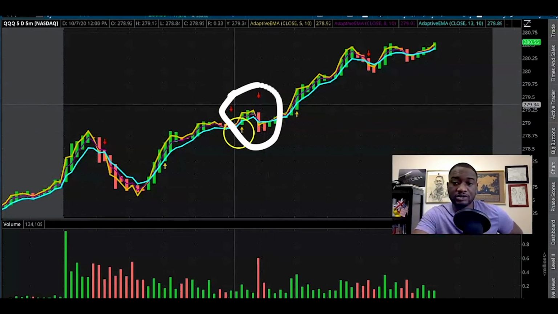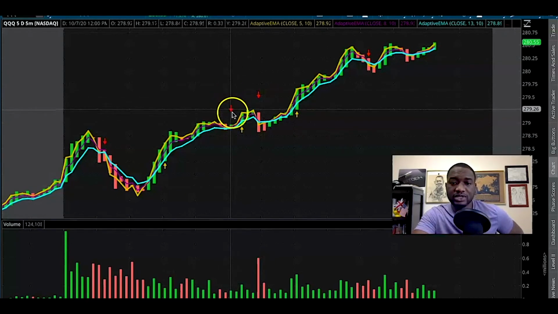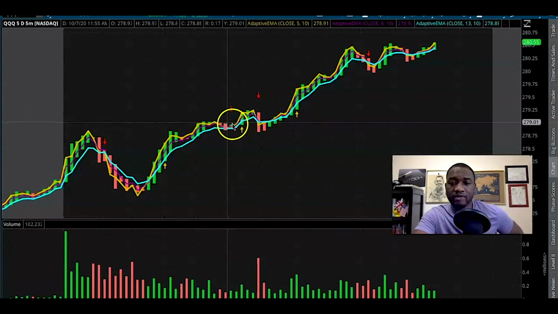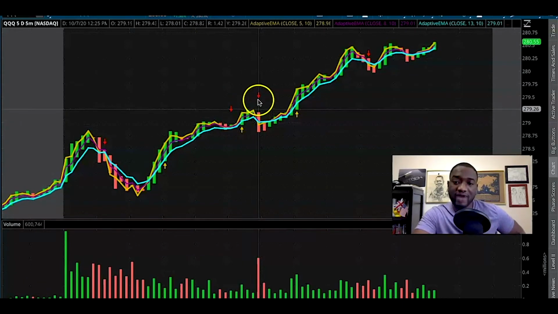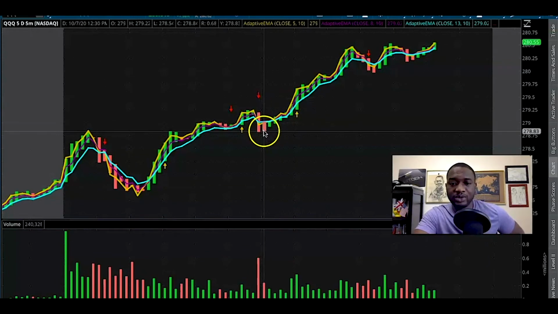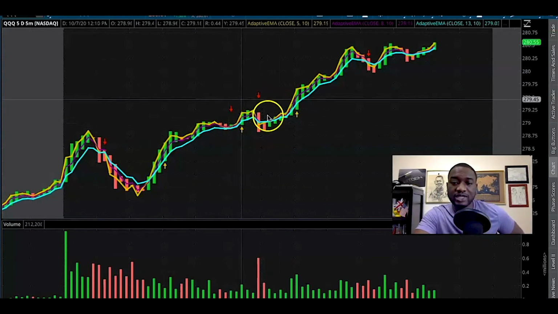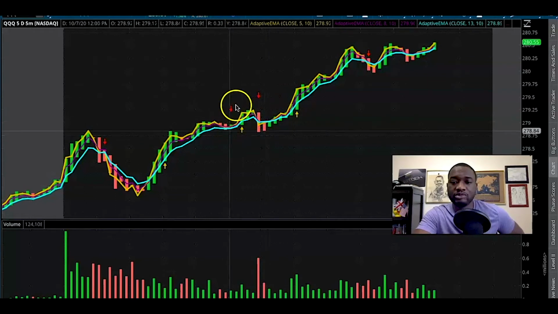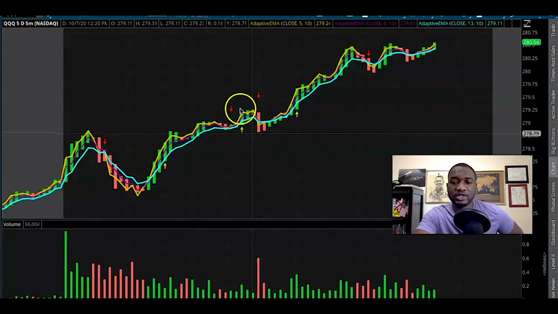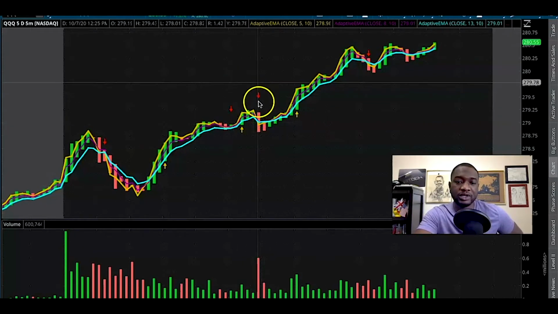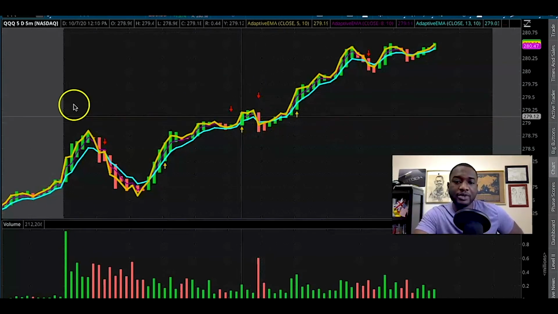That's how the stock was moving at that time. This one signified that it would go down, and then right after, this signified that it would go up. Then right after again, it signified that it would go down. So in situations like this, most likely you would have lost here. This would have been a losing trade, but it happens.